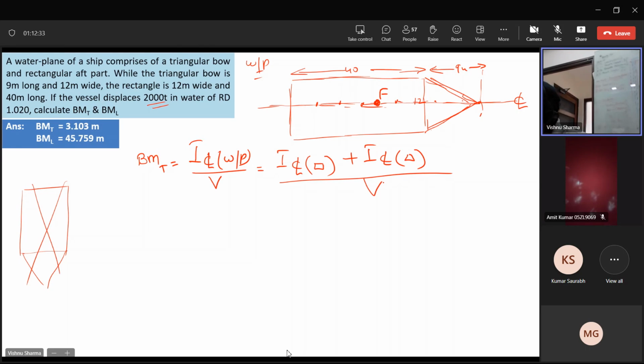Yes or no, beta? Now I'm asking you simple questions, and these questions you'll ask yourself. Is the center line a standard axis for the moment of inertia of a rectangle? Yes or no?